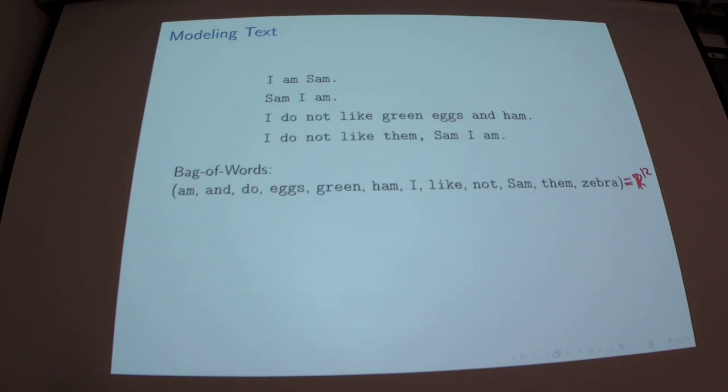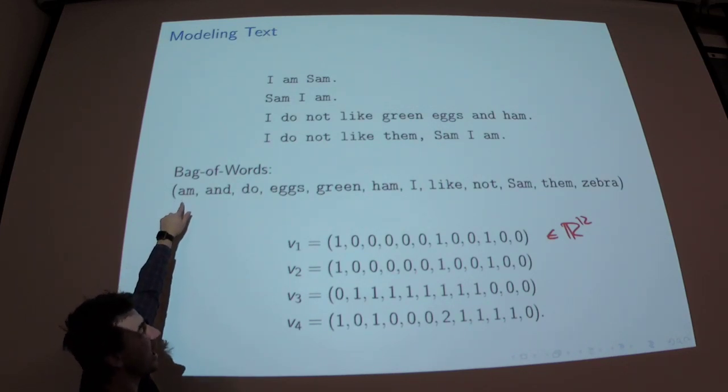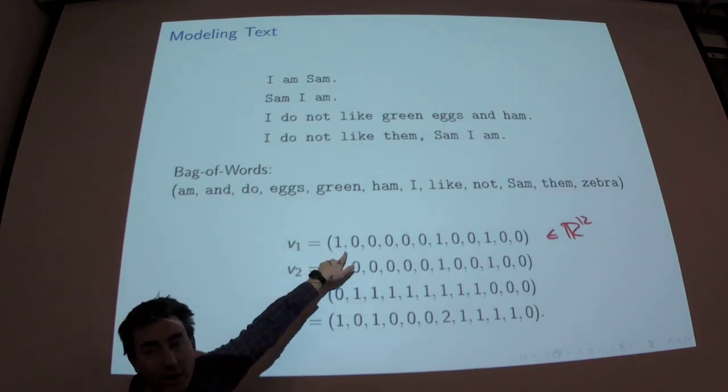Okay, so a 12-dimensional vector, and the bag of words technique is basically just going to count the number of each of these words. In the first, there's one instance of the word "am", so I'm going to get a 1.